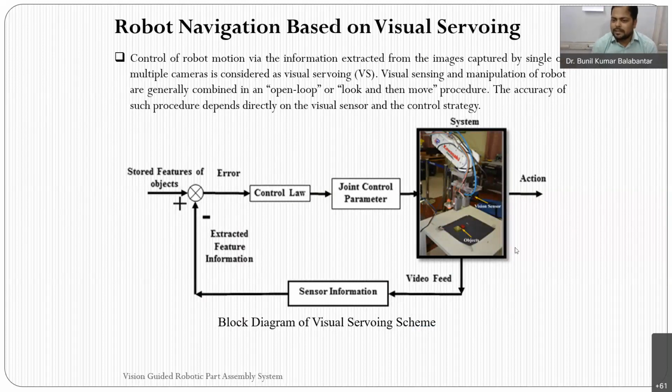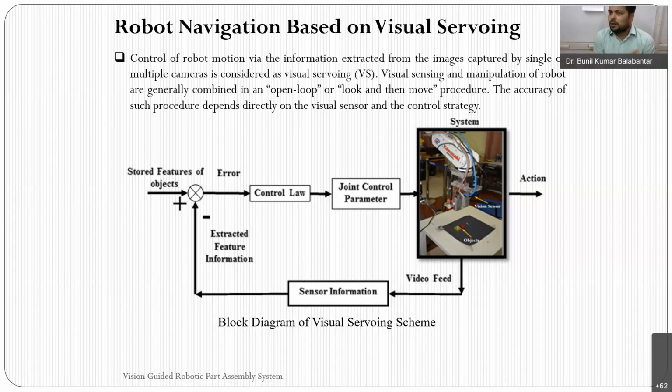So this is the robot environment, and there is a video feed. The vision sensor is going to collect the video of the environment. There are a lot of applications and a lot of mathematical processes to be applied here. You need to apply the feature extraction technique, and once the features are extracted, they are fed into the controller, where the control laws are available.